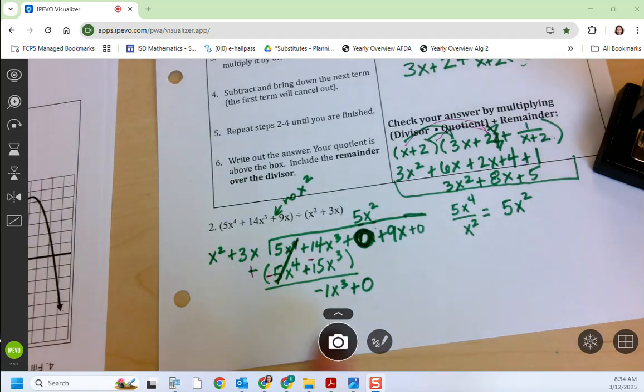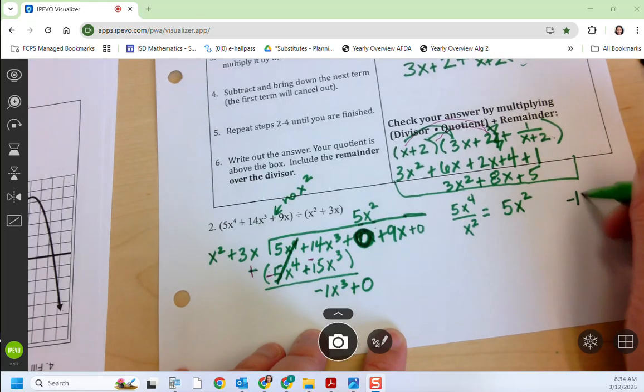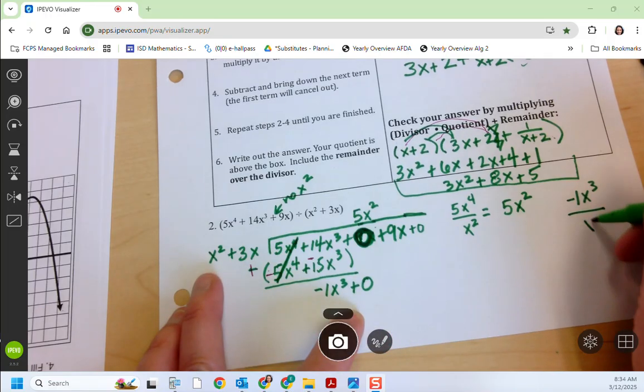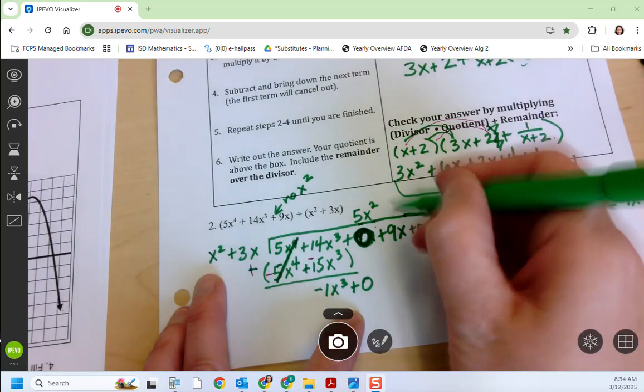Next, I need to do negative 1x to the 3 divided by x squared. X to the 3 over x to the 2 gives you x to the what? Just x, yeah. So I have negative 1x. And I'll put that above its like term.